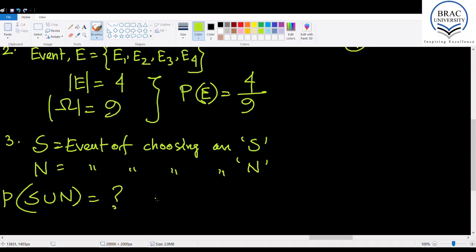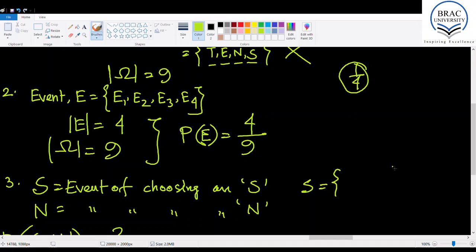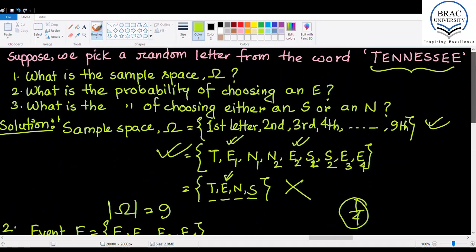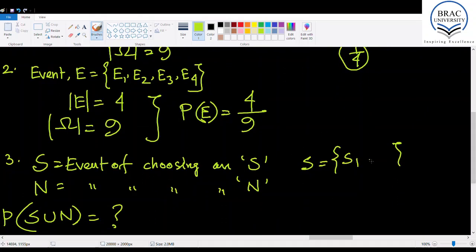So now see what are the elements in S. There are 2 S in the sample space, right? S1 and S2. So S will have S1 and S2 in it.